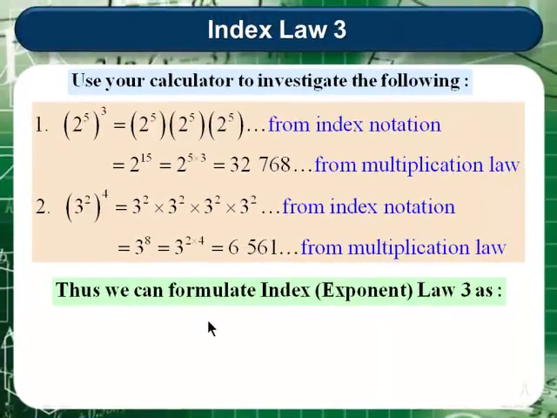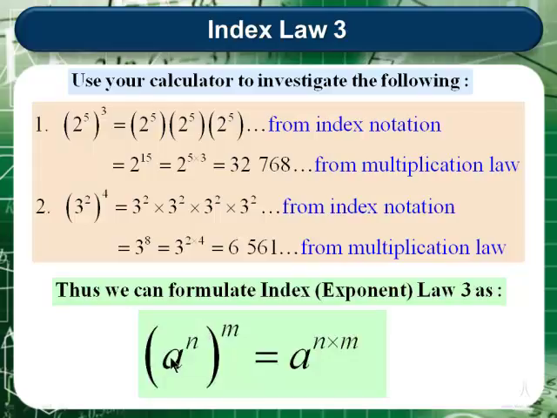So we can therefore formulate the third index law in the following way: if I have a to the power n, everything raised to the power m, then the final answer will be a to the power n times m. Please don't confuse this particular law with the law for multiplication.